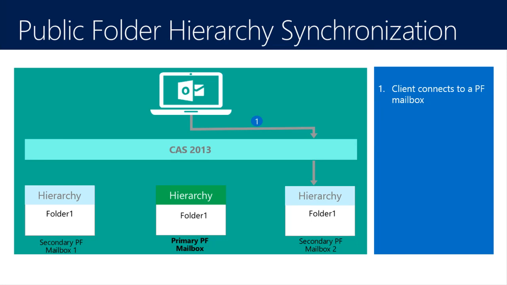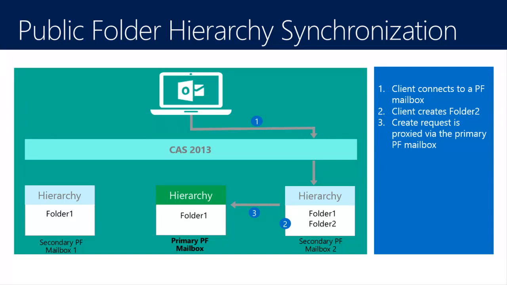So they'll access the hierarchy from public folder mailbox 2, and let's say that this client decides to create a new public folder. Since we know that the public folder mailbox 2 does not have the writable copy, what happens is it will get proxied back to the writable copy of the public folder hierarchy.